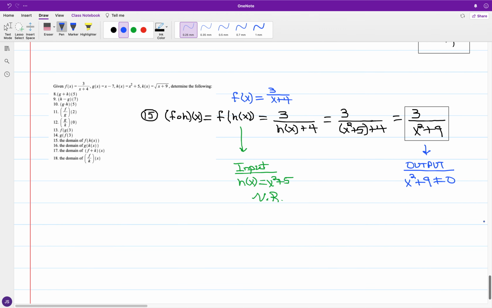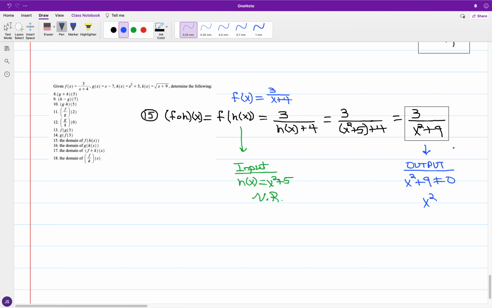If I try to find out what is going to be left out, I can factor a difference of squares: if I had x squared minus 9, this would factor out to x plus 3 and x minus 3, and you'd have 2 exclusions from the domain with negative and positive 3.